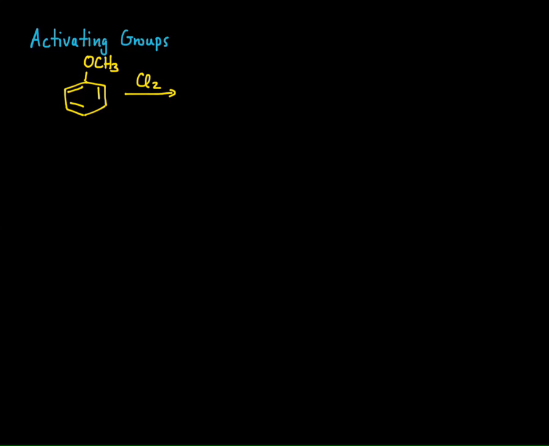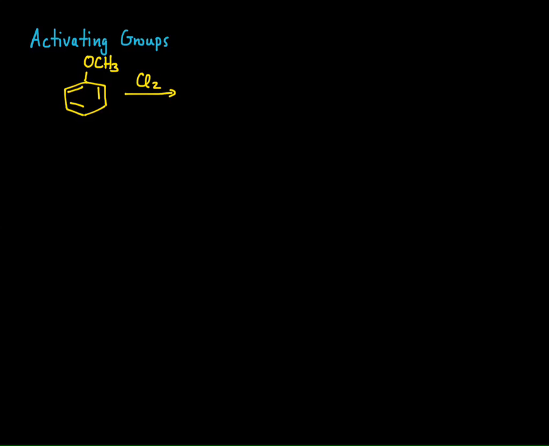Notice in this reaction, when I halogenate, I don't need to use any type of catalyst, because the substituent activates the ring toward electrophilic aromatic substitution. And as a matter of fact, we're going to see that it donates electron density, enhancing the nucleophilicity of the ring itself.